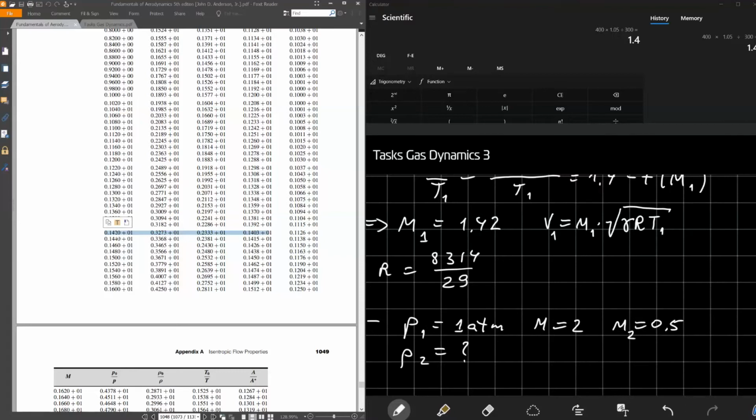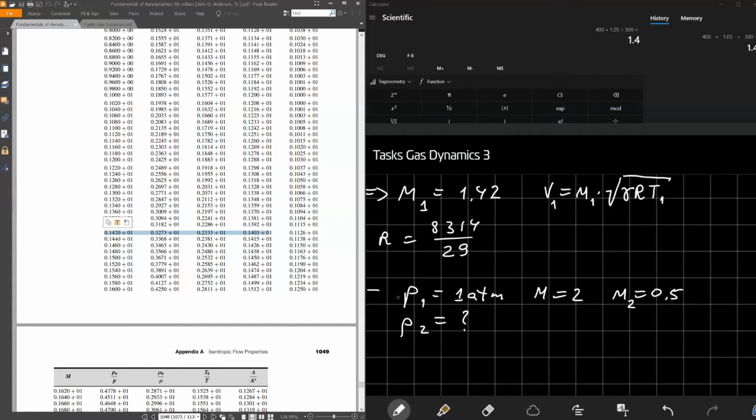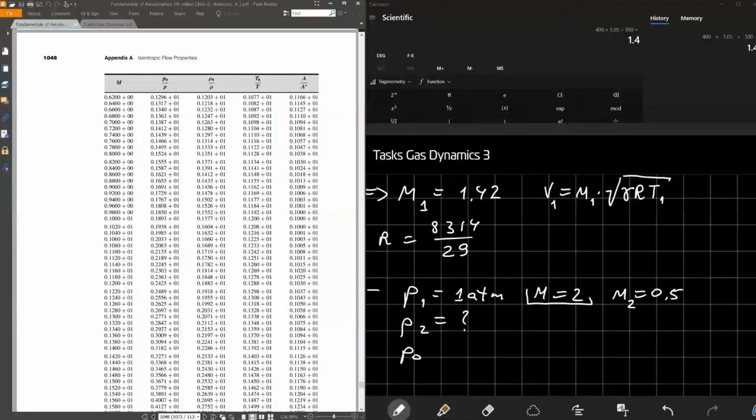Here I also use my isentropic relations. First of all, define P0, similar to the previous task. I just find my Mach 2 in the isentropic flow properties table.